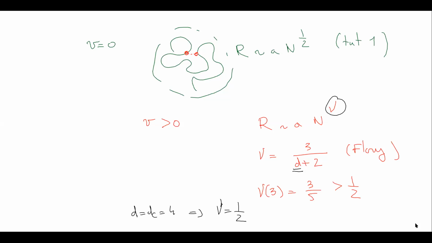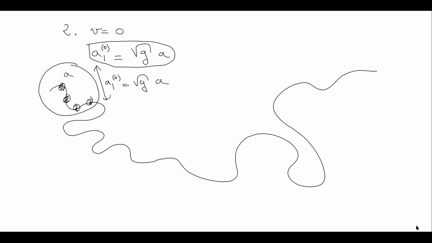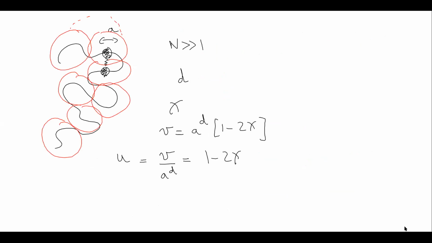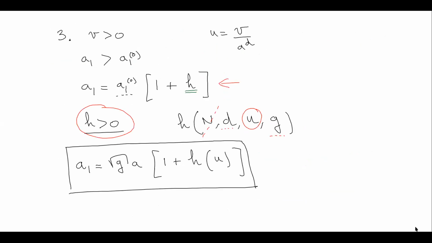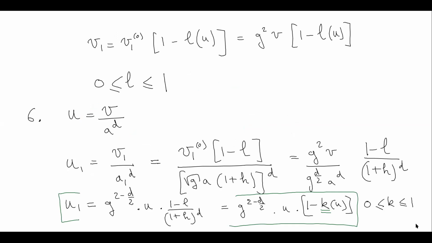But of course, you could also disagree. Sorry, I just need to find the proper slide. I think it's this one. You could also just stop here. You agree it's the reference, and then it's 1 minus a function.